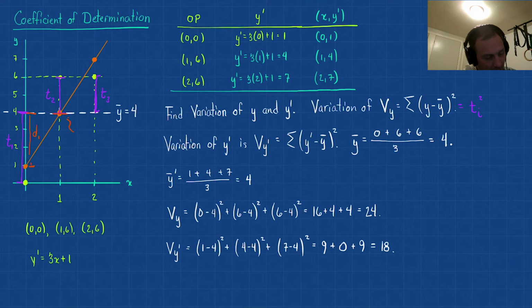So this is D2, but that's just 0. And that also matches with what we found down here. And finally, our third one was the distance from the mean to the predicted value, which is this value right here. This is D3, which is, you can see, a distance of 3 units from 4 all the way up to 7.